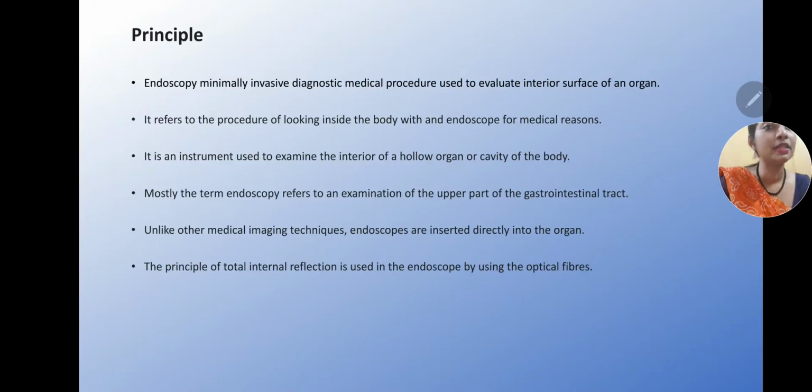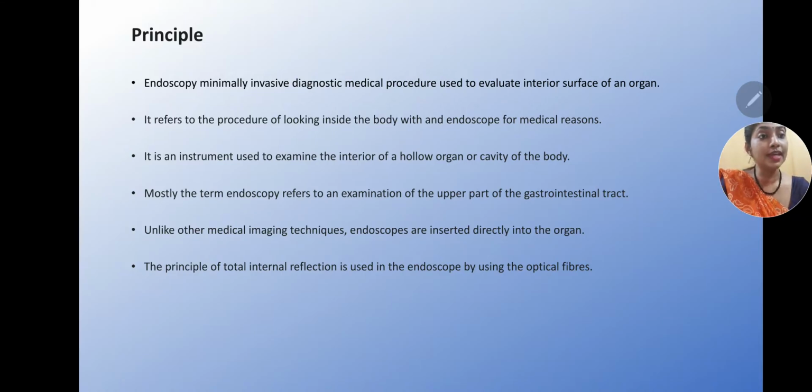Moving on to the principle. Endoscopy is a minimally invasive diagnostic medical procedure which is used to evaluate the interior surface of an organ. It refers to the procedure of looking inside the body with an endoscope for medical reasons. It is an instrument used to examine the interior of a hollow organ or cavity of the body.